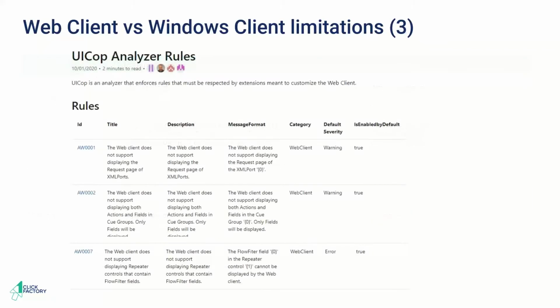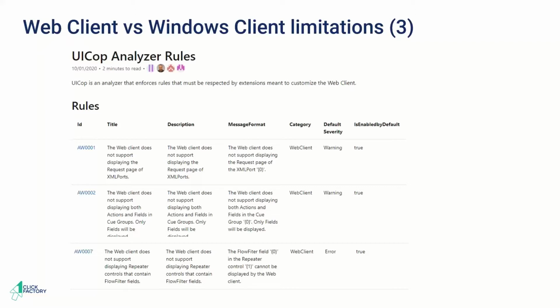Of course, now in the AL Vault, we have the UICop analyzer, which has some standard rules which Microsoft released, but only one rule has an error, that flow filter field repeater control cannot be used, and others are warnings.